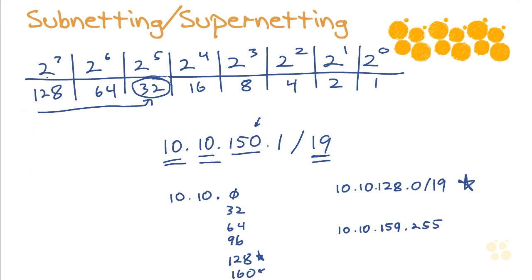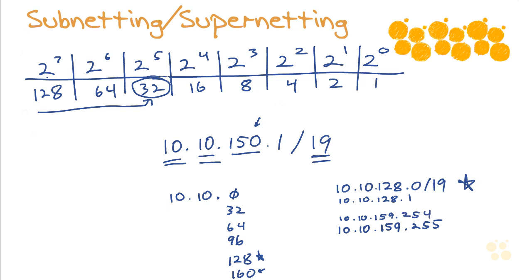And now we can easily see our first usable and last usable. The first usable would be 10.10.128.1. The last usable would be 10.10.159.254.